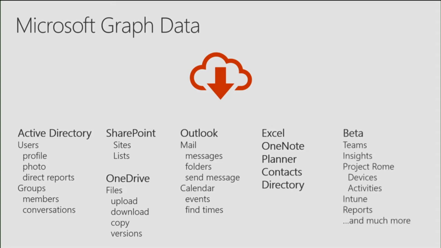And we also have a lot of new stuff that you can see in the pipeline that is currently in beta that will, in time, come to the GA version, the v1.0 version of Microsoft Graph. And we'd love you to play around with those things and give us feedback on our beta capabilities as well.